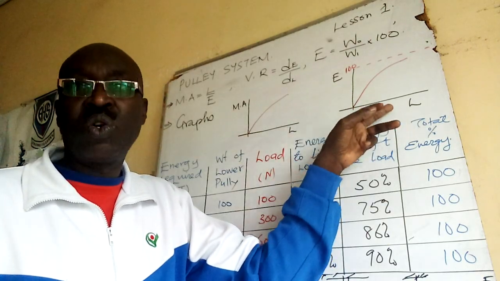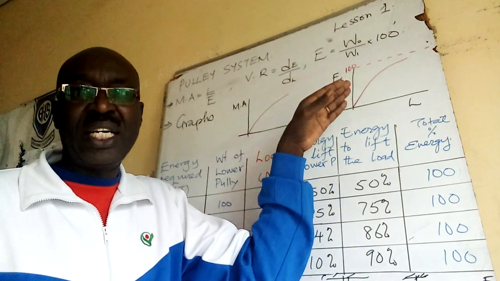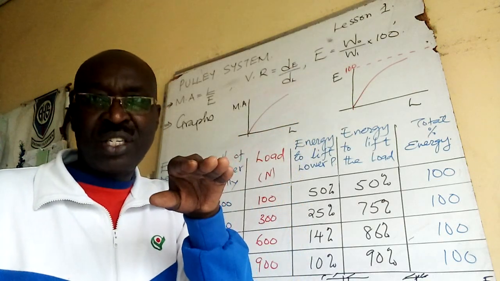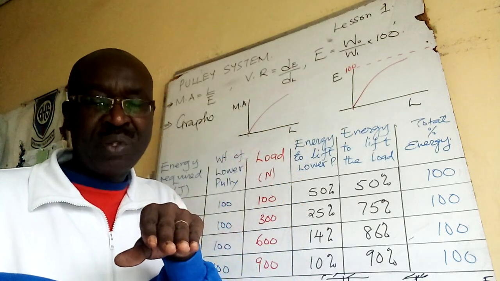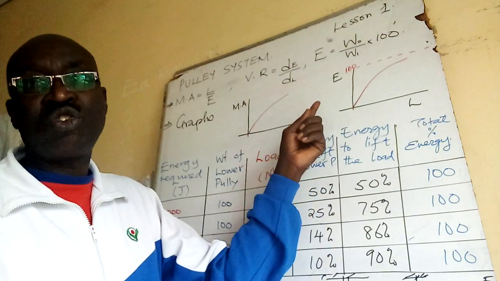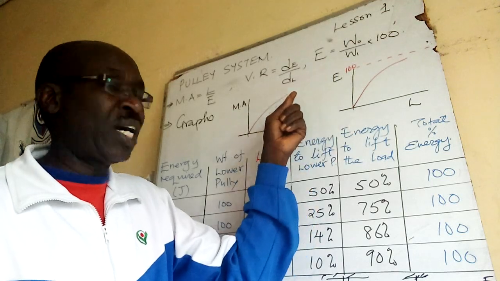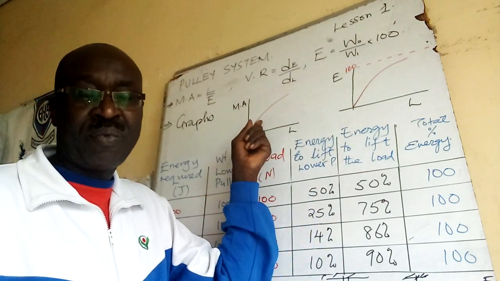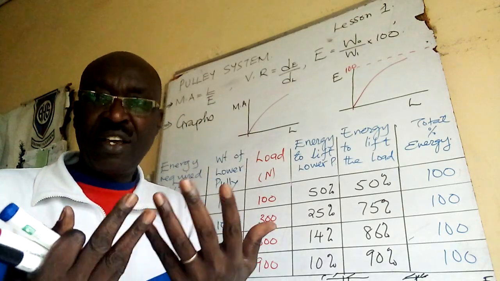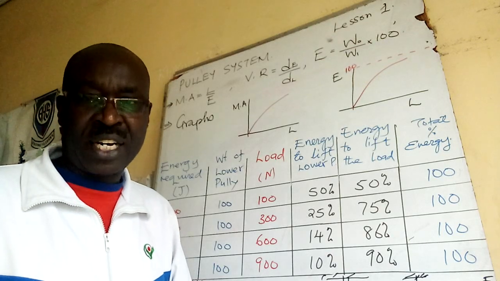Efficiency against load rises gradually, not linearly, but at some point it tends to stabilize as a horizontal line, but not at 100%. I want to try and explain the reason behind this graph, so I'll give some data to help me achieve that.